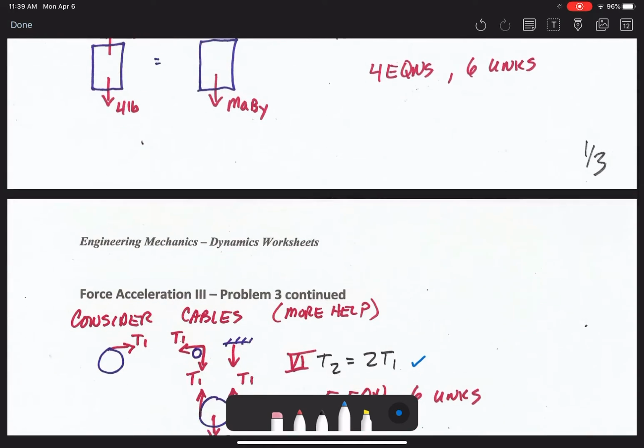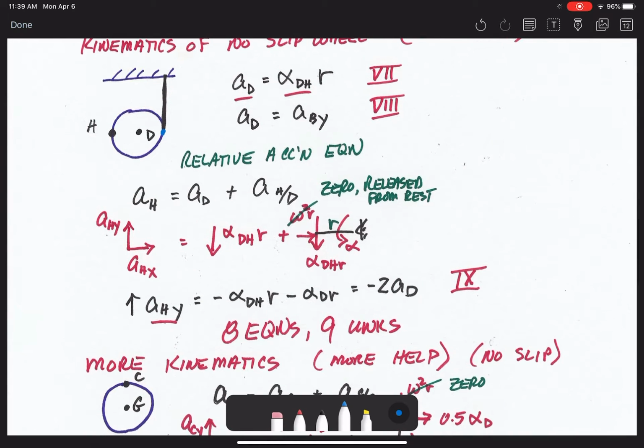So we want to find the acceleration of H and its implication for the acceleration of C in the x direction.